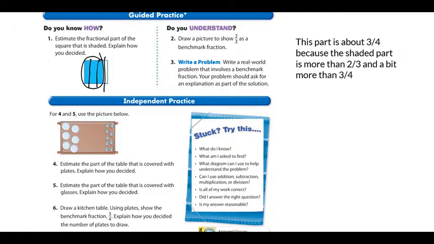It's really close to 3/4, but it's a bit more. This part is about 3/4 because the shaded part is more than 2/3 and a bit more than 3/4. So that would be an explanation that would make sense and explain your thinking.